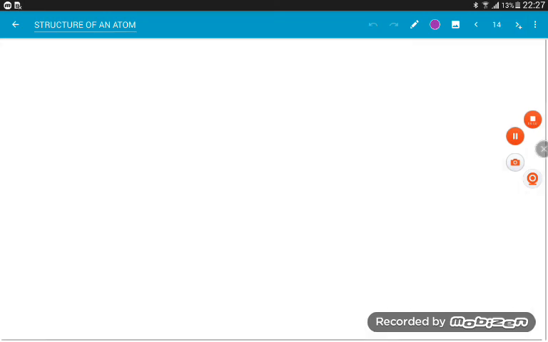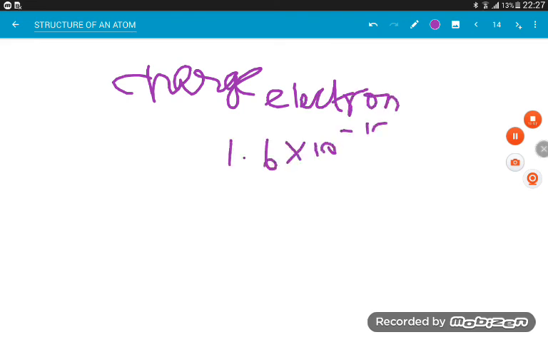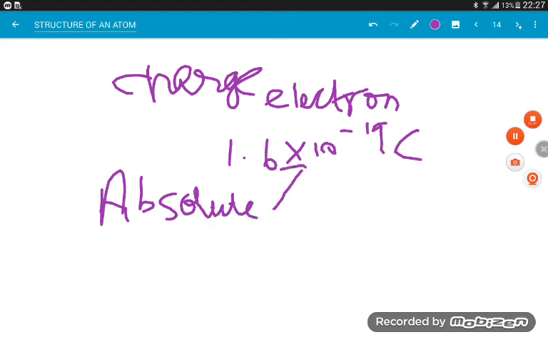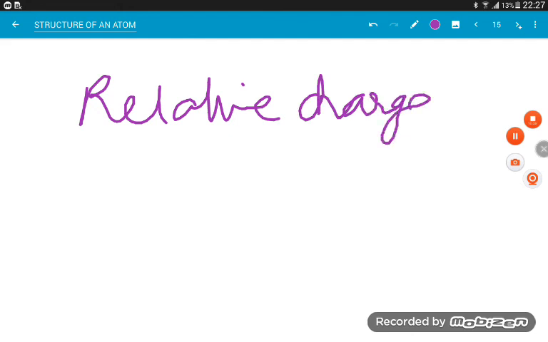Now let us discuss the charge. The charge of an electron is 1.6 into 10 power minus 19 coulombs in absolute terms. Now let us discuss the relative charge of the electron.